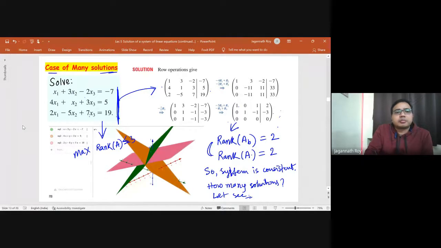But we have seen after row operations, this system has reduced to a rank of 2. So we will conclude. Just remember these equations, and then we'll try to find out that.